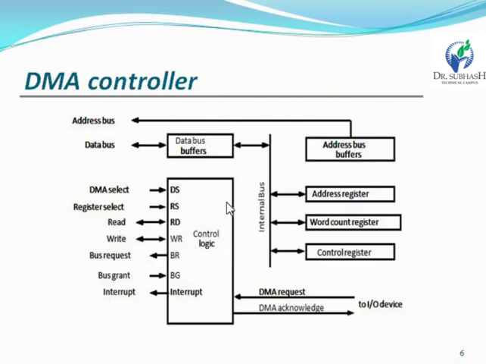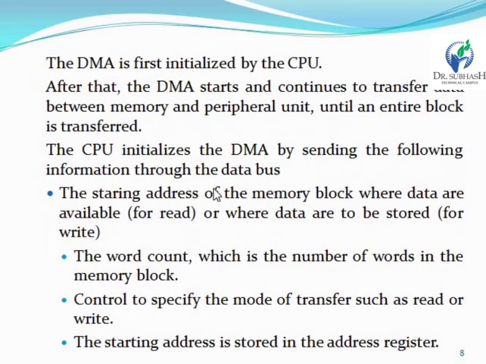The starting address of the memory block where the data are available for read, or where the data will be stored for write. The word count, which is the number of words in the memory block. Then the control, to specify the mode of transfer, such as read or write operation. The starting address is stored in the address register.